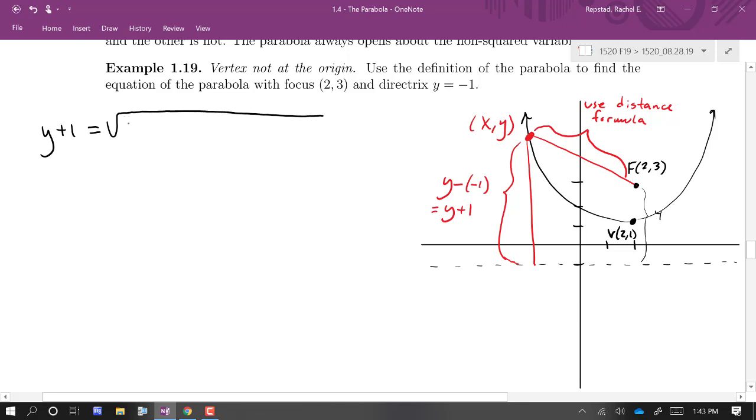You don't need to simplify, but just how does it go? x minus 2, squared. Plus y minus 3, squared.